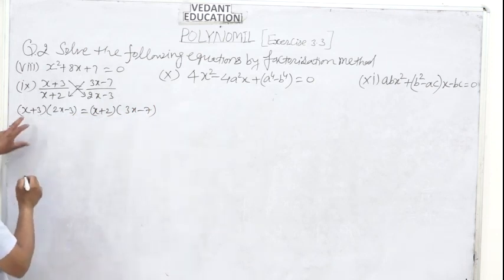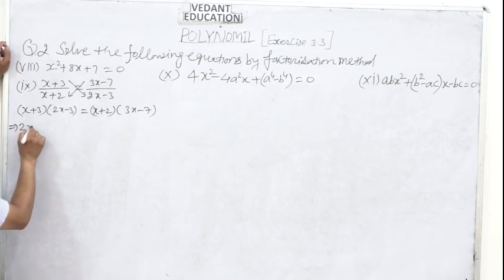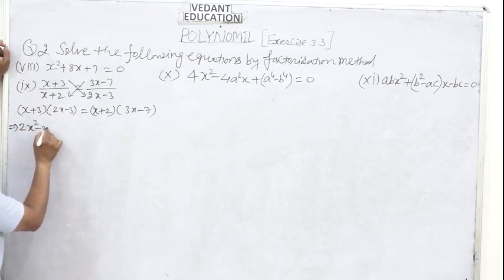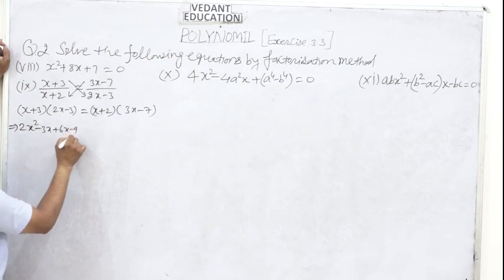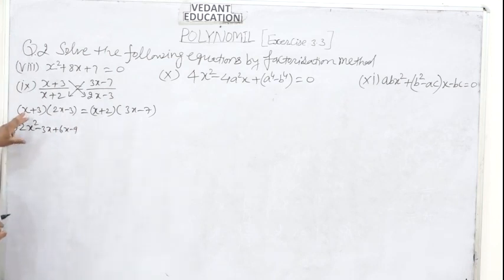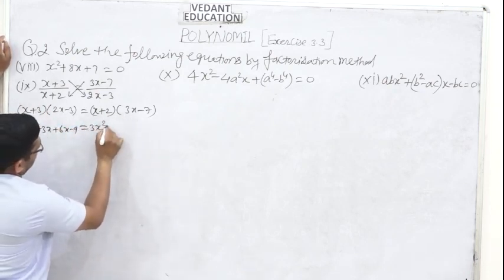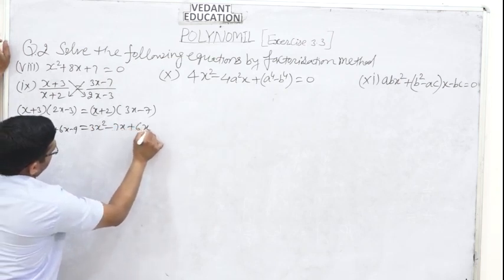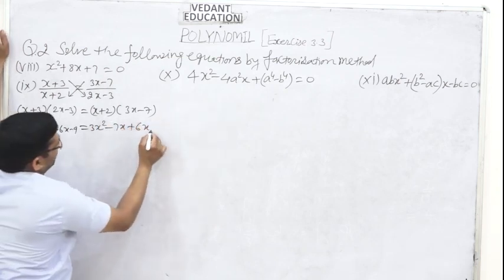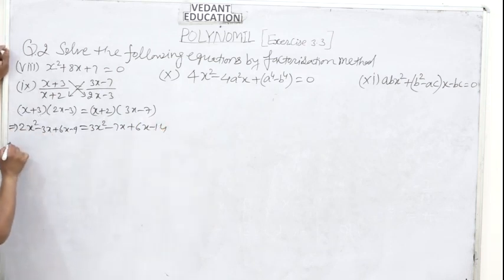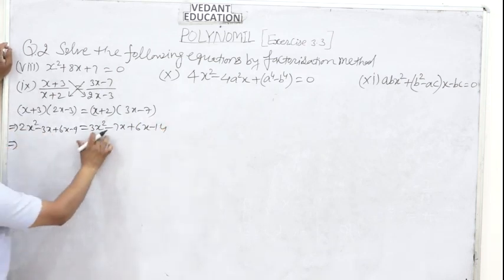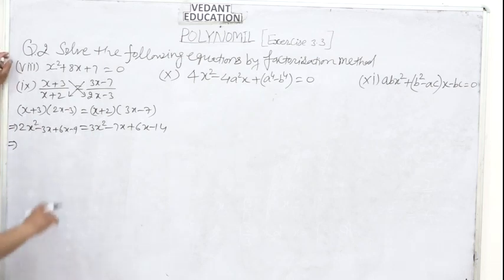That is, x plus 3 into 2x minus 3: first we multiply x by 2x minus 3, so 2x square minus 3x, then by 3, 6x minus 9. Similarly, this is 3x square minus 7x plus 6x minus 14.